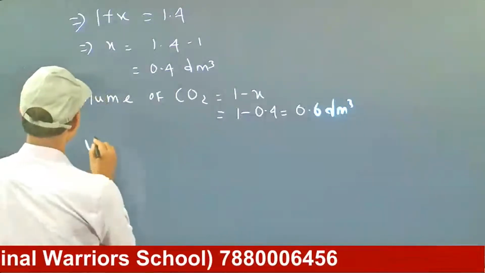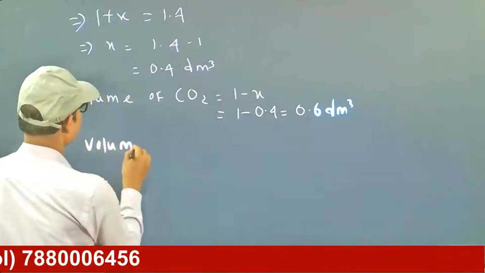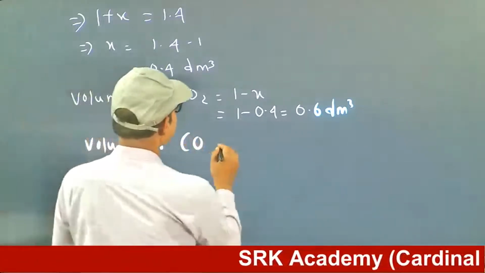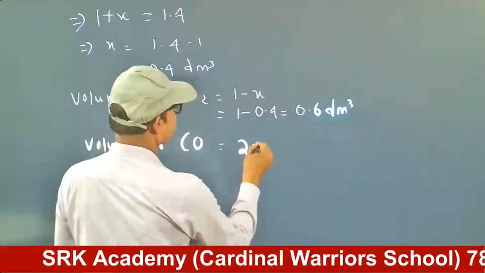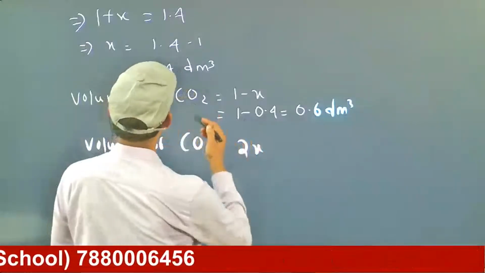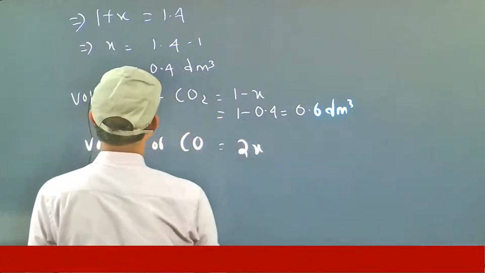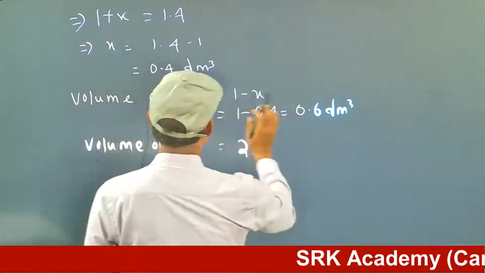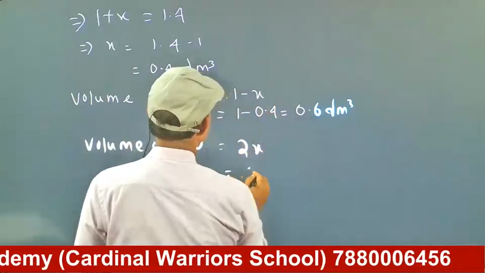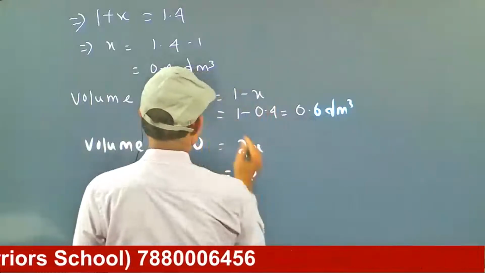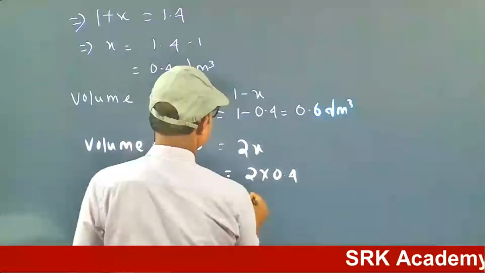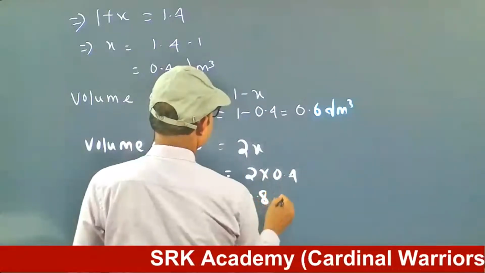And when it comes to the volume of carbon monoxide, it becomes 2x, which is 2 into 0.4, that is equal to 0.8 decimeter cube.